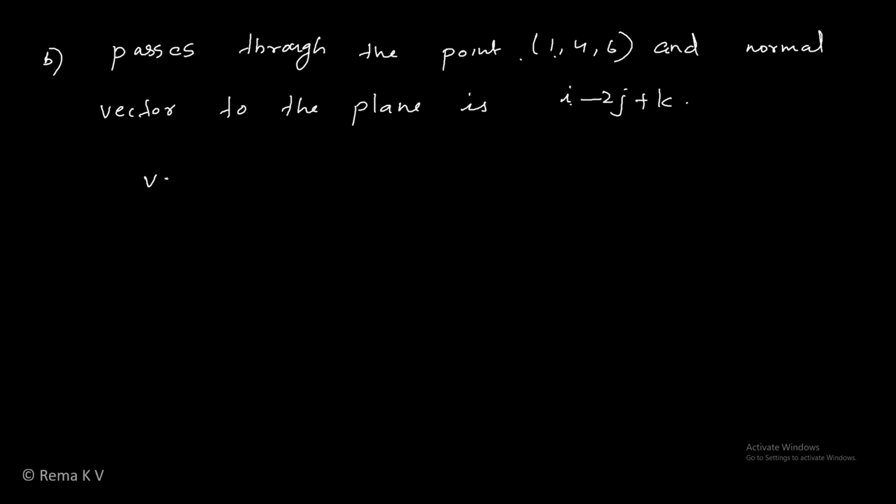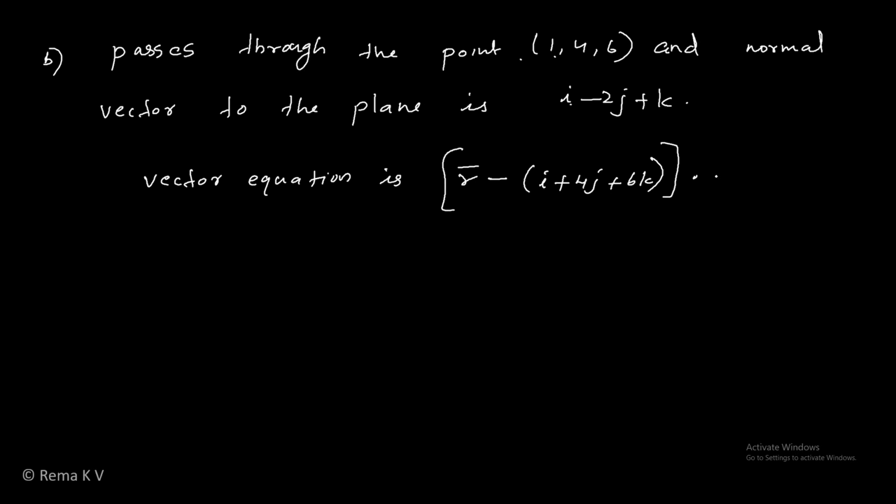So the vector equation is vector r minus, write the position vector of this point, which is i plus 4j plus 6k, dot i minus 2j plus k, which is the normal vector. This is equal to 0. R minus a dot n is equal to 0. This is the vector form.